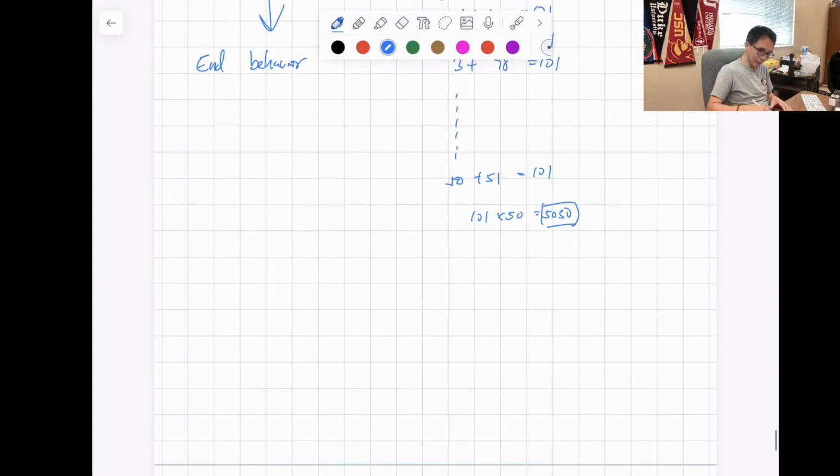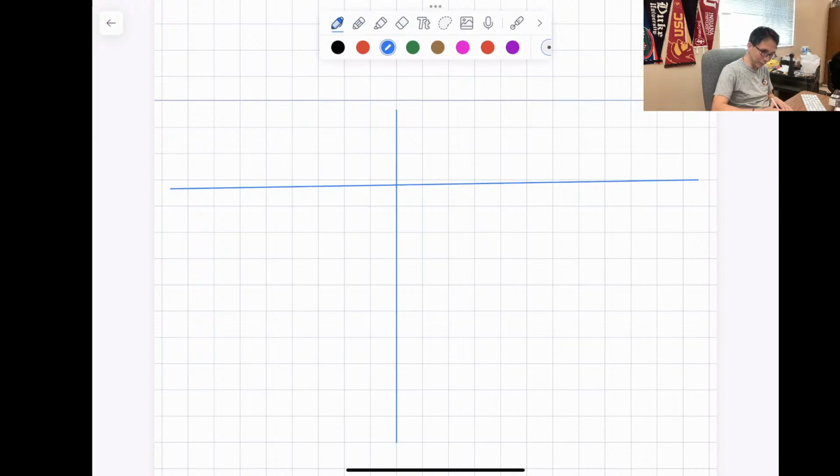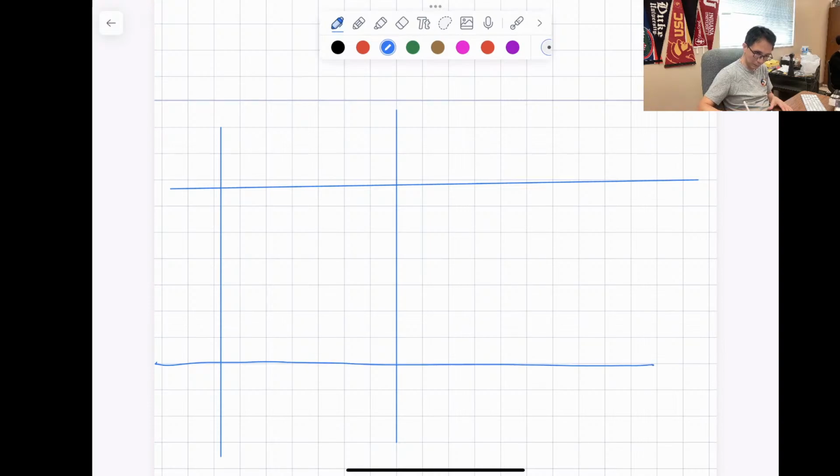Okay, so I'm going to give you categorized things. There are 2 things that can affect the end behavior, and it's only on the leading term. So I'm going to say n is equal to odd and n is equal to even.